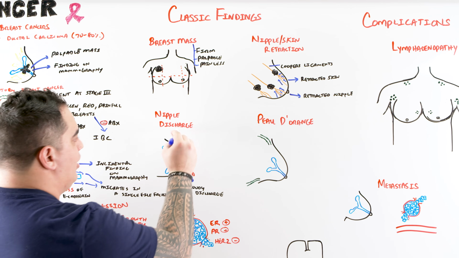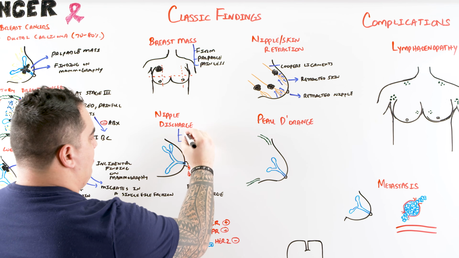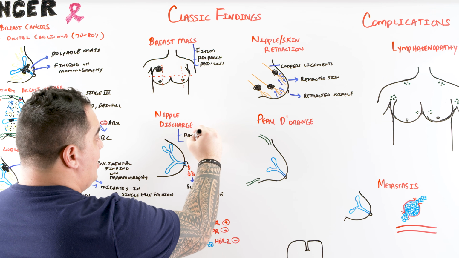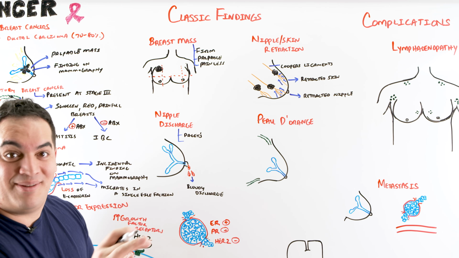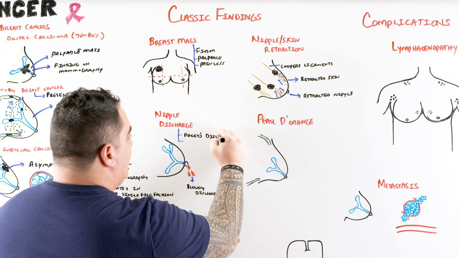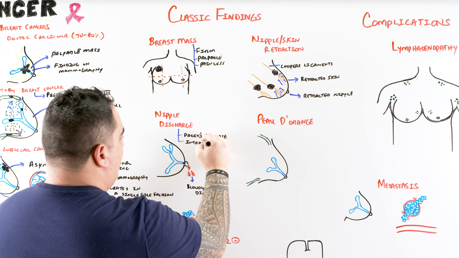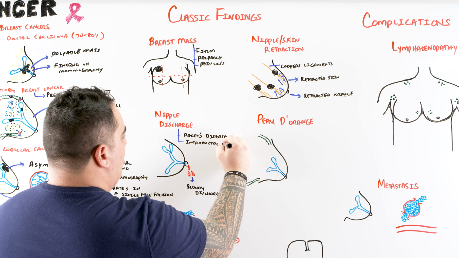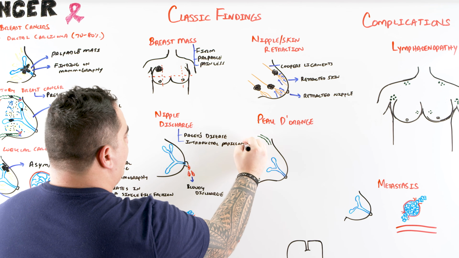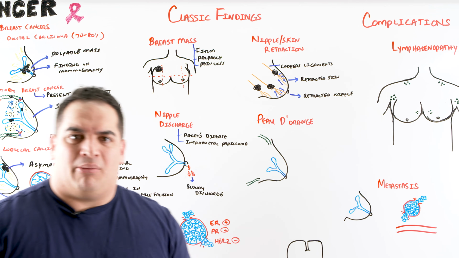So we can write that down here. Really, you're only going to see this one in two different types. You're going to see it in Paget's, and they'll also have that associated what? Nipple eczema. That's really, really important to remember. Please don't forget that. And the other one is an intraductal papilloma. We'll talk about this a little bit more when we get into OBGYN and some of the other types of benign appearing breast masses.